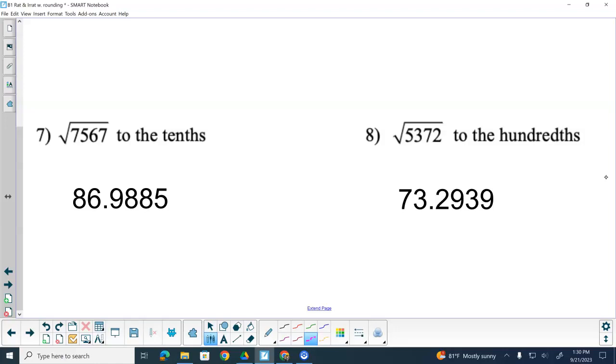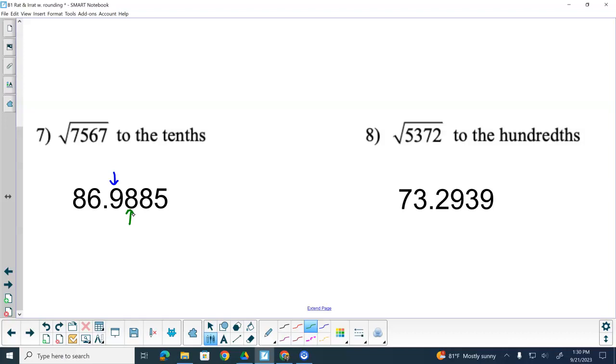Ooh, I like this first one. So tenths. How many spots to the right of my decimal point am I looking? 1, so I'm rounding there, which means I'm looking there. Up or stay? Up, right?